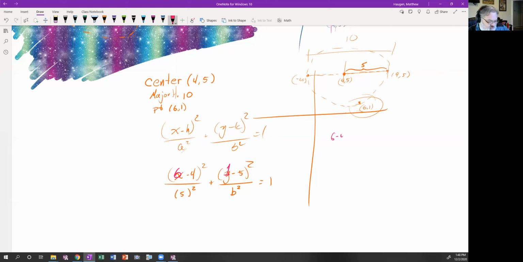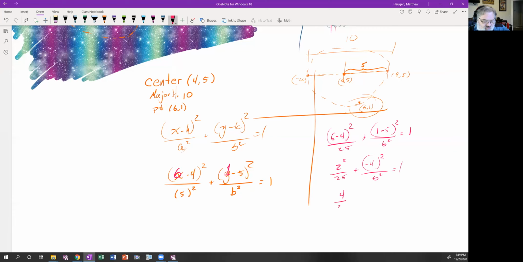We have 6 minus 4 squared over 25 plus 1 minus 5 squared over B squared equals 1. So 2 squared over 25 plus -4 squared over B squared equals 1.